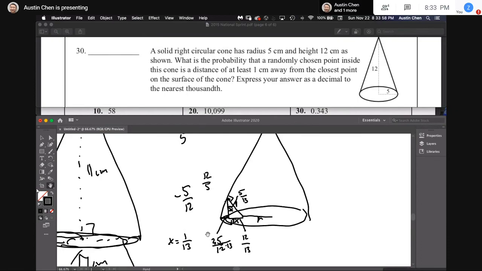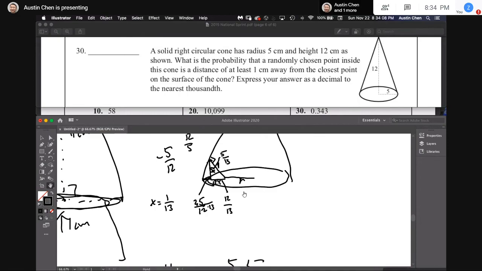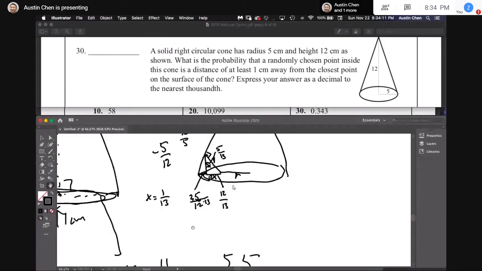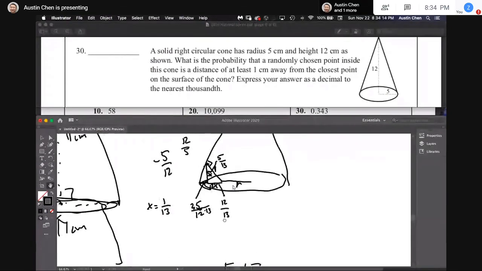It's whatever. Okay, so this will be 25/12 times 13. So that if you multiply by the slope, you will get 5/13, right? All right. So then we have these lengths, and then we can find our new radius now.